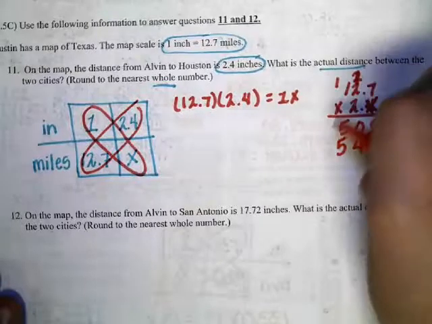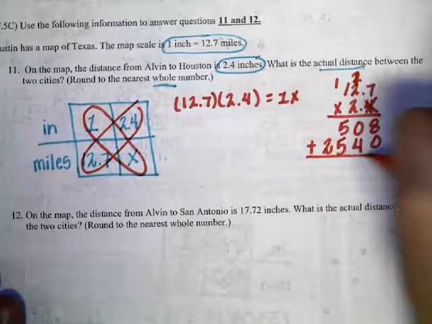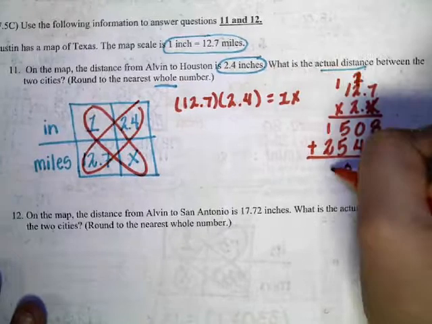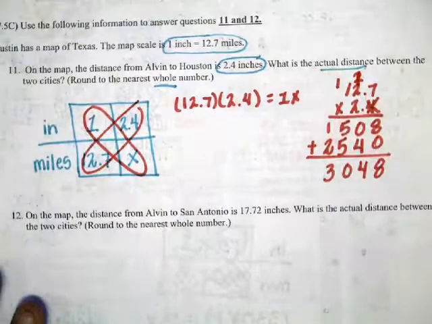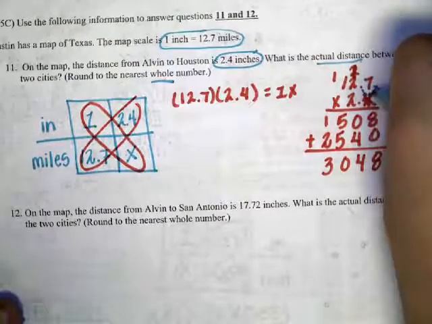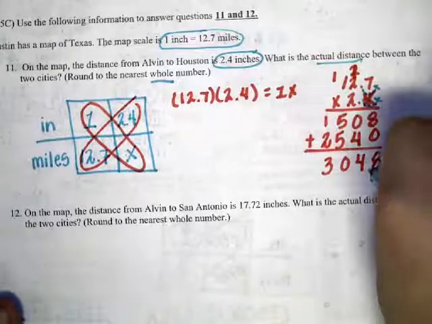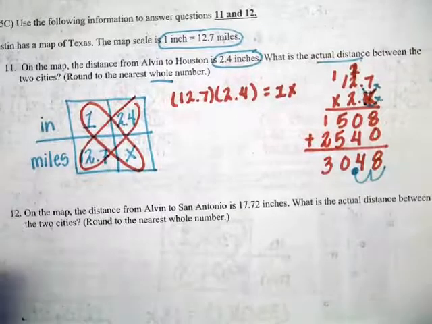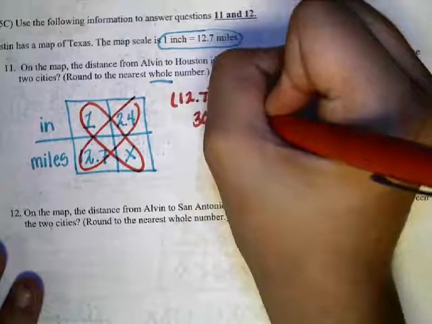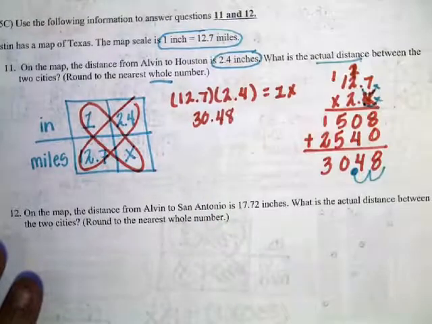And 2 times 1 is 2. Add them together. And you get 3,048. But remember, you have 2 decimal spaces. So you need to move your decimal space 2 spaces over to the left. And so you get 30.48 equals 1x.